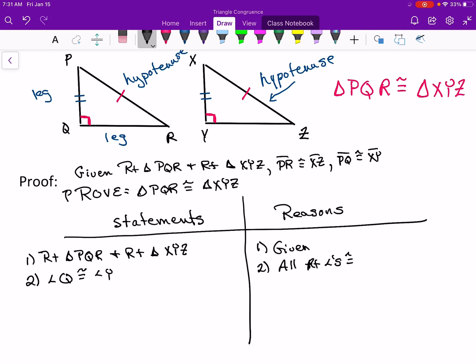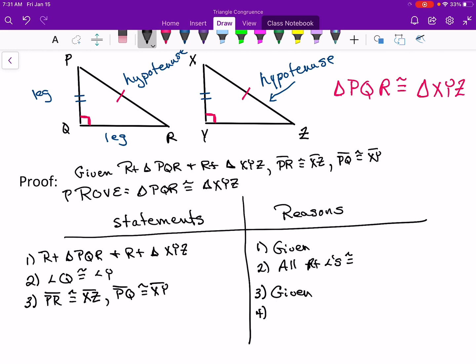We might need that, we might not, but I know that, so I'm going to throw it in there. We're also given that PR is congruent to XZ. Let me write the congruent statements, and PQ is congruent to XY, and that is also given.